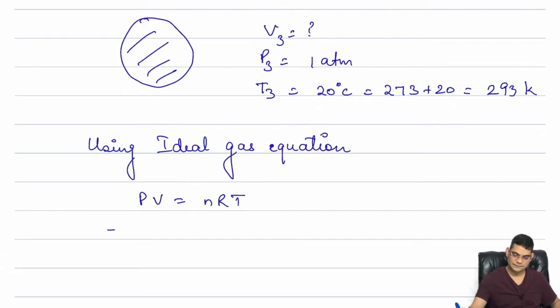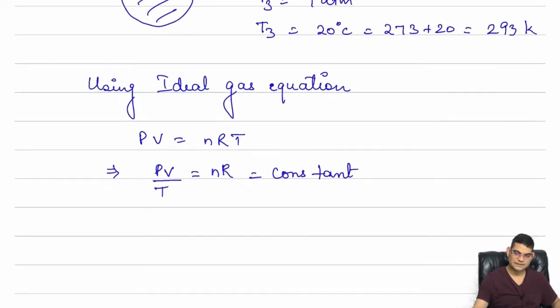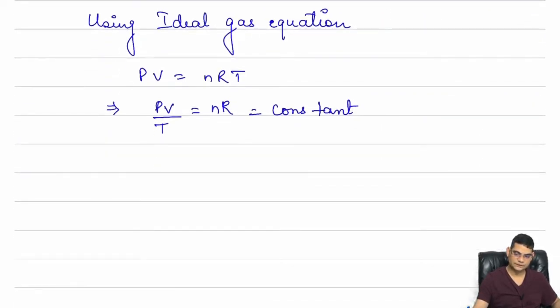That implies PV by T is equal to nR, which is constant, because number of moles remains same.